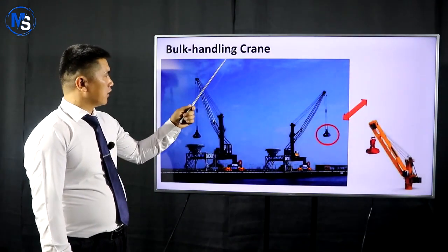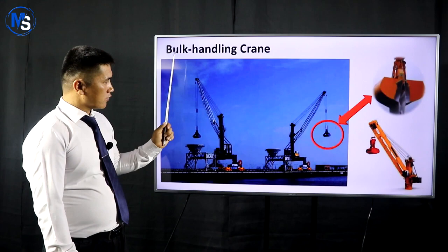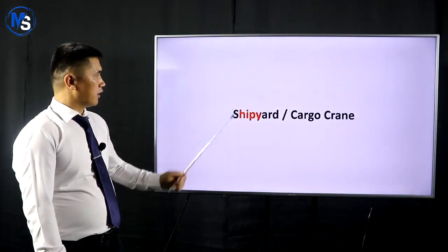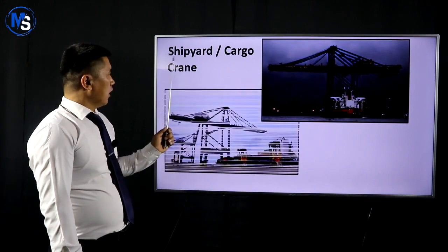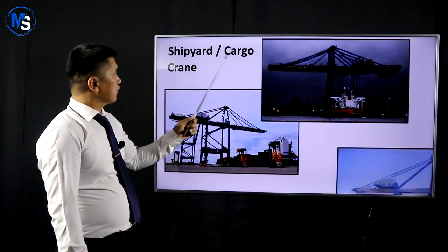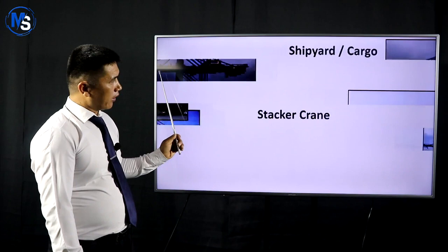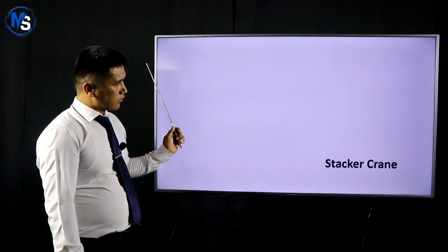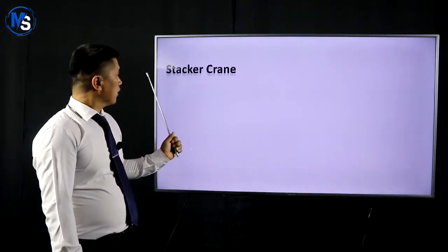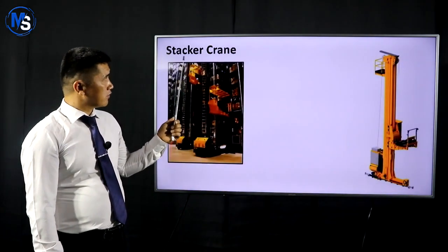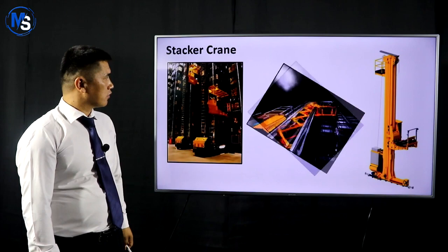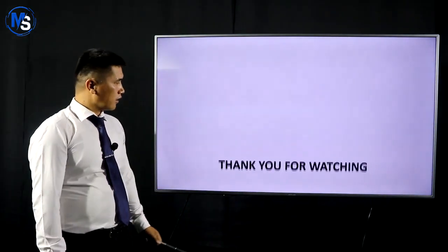A bulk handling crane is used in the construction industry, especially in the countryside. Okay. The next one is the shipyard cargo crane. It's used to carry heavy things, and the next one is the stacker crane. It's used on construction sites.